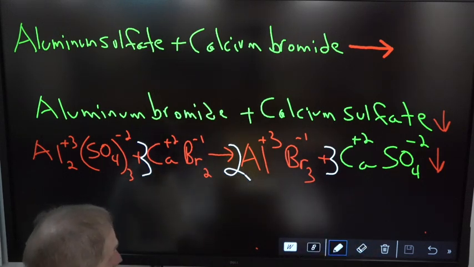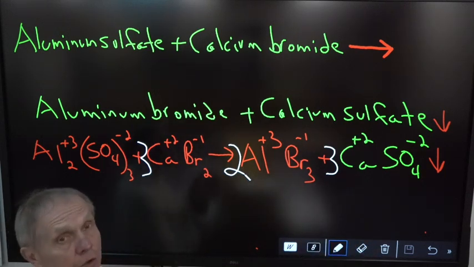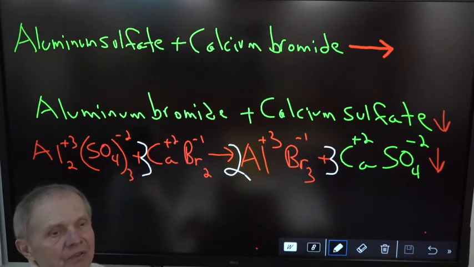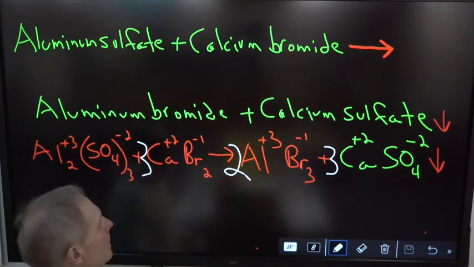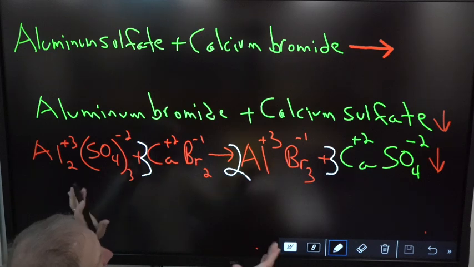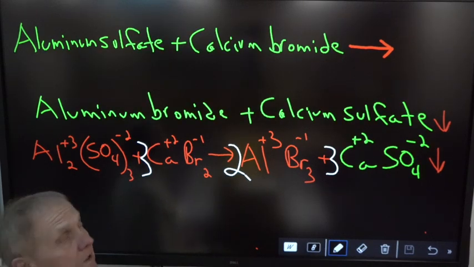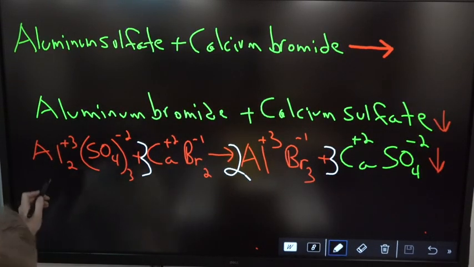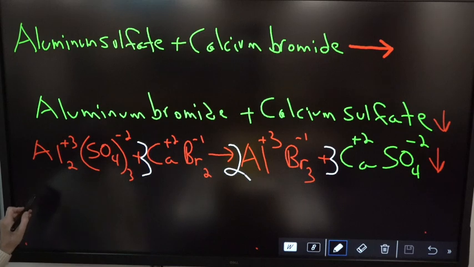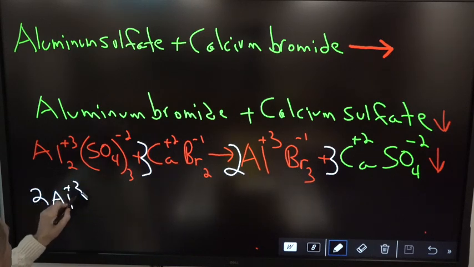Now, that's how you do a double replacement. But there's more to it. Now we have to break this down into ions. So now we have 2 aluminums. So we go like this. 2Al plus 3.